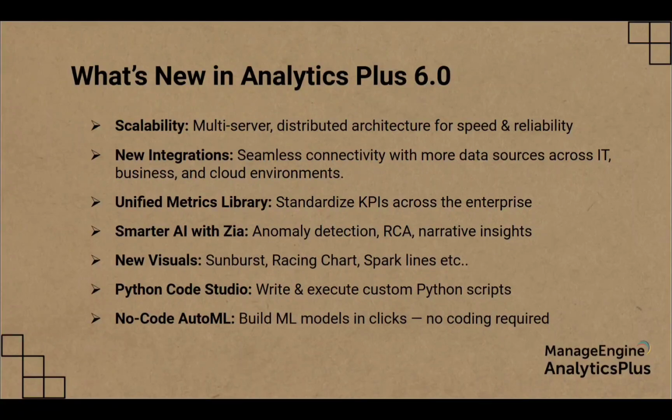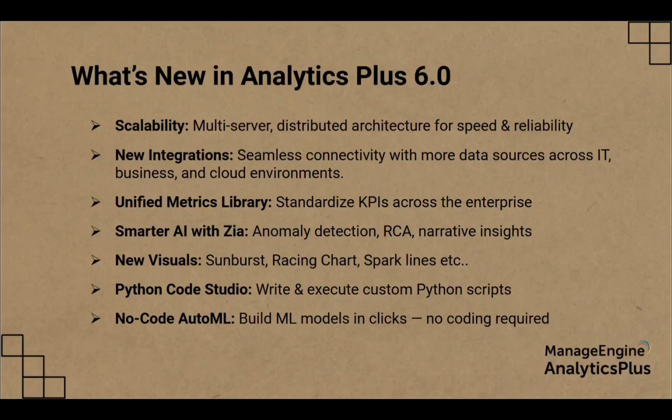On the visualization front, we have added dynamic charts like sunburst, racing, workflow, and sparklines that help you spot patterns faster. For teams looking to harness the power of machine learning without writing code, our no code AutoML feature helps you build and deploy models with just a few clicks.